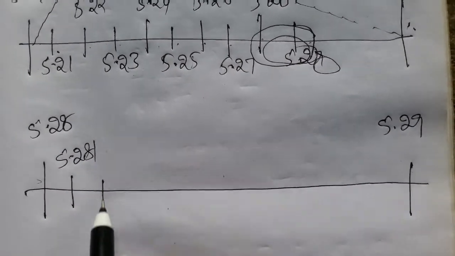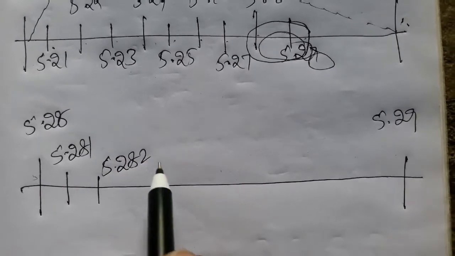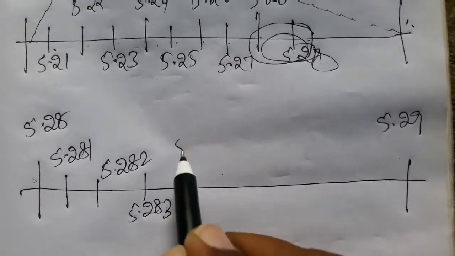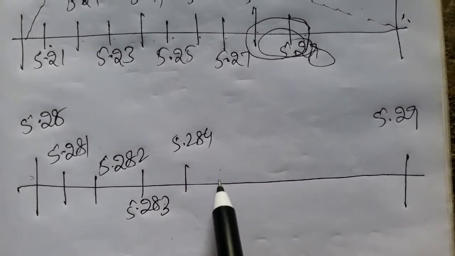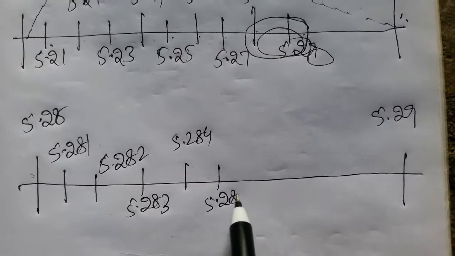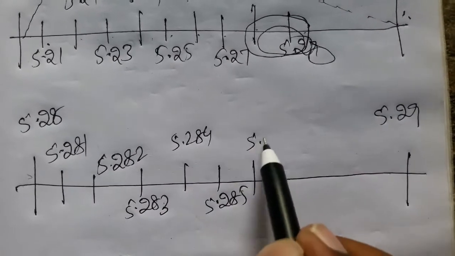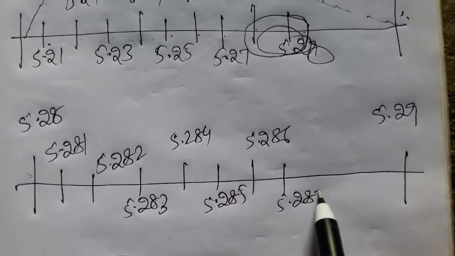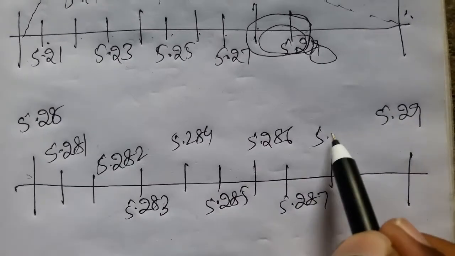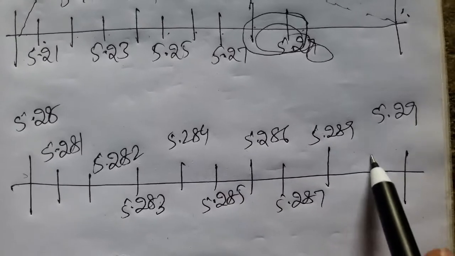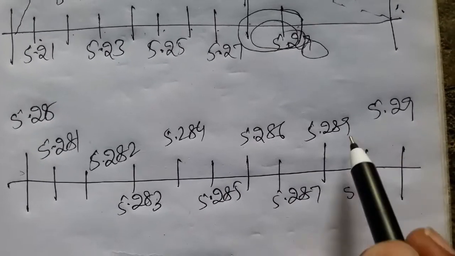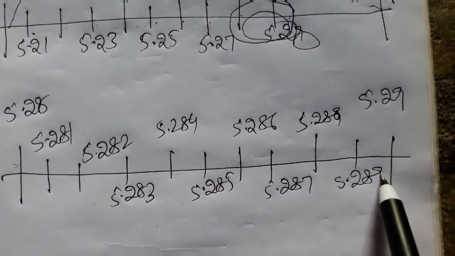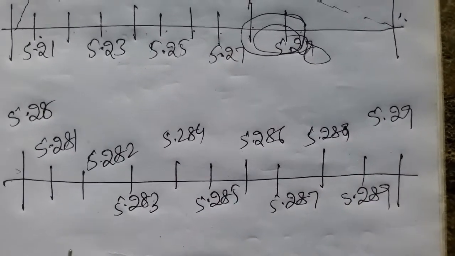Here next, after 5.28, 5.281, 5.282, 5.283, 5.284, 5.285, 5.286, 5.287, sorry, 5.288, 5.289, next is 5.29.